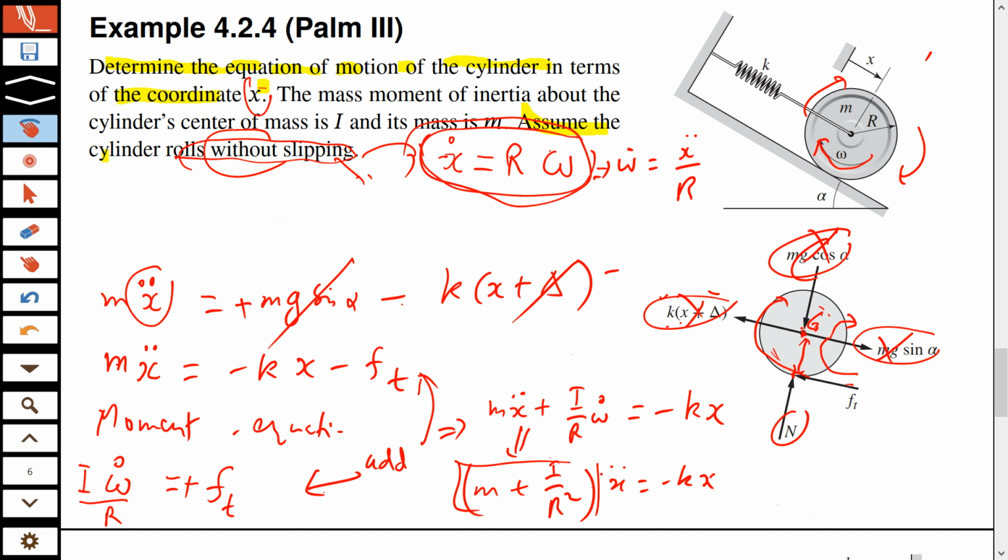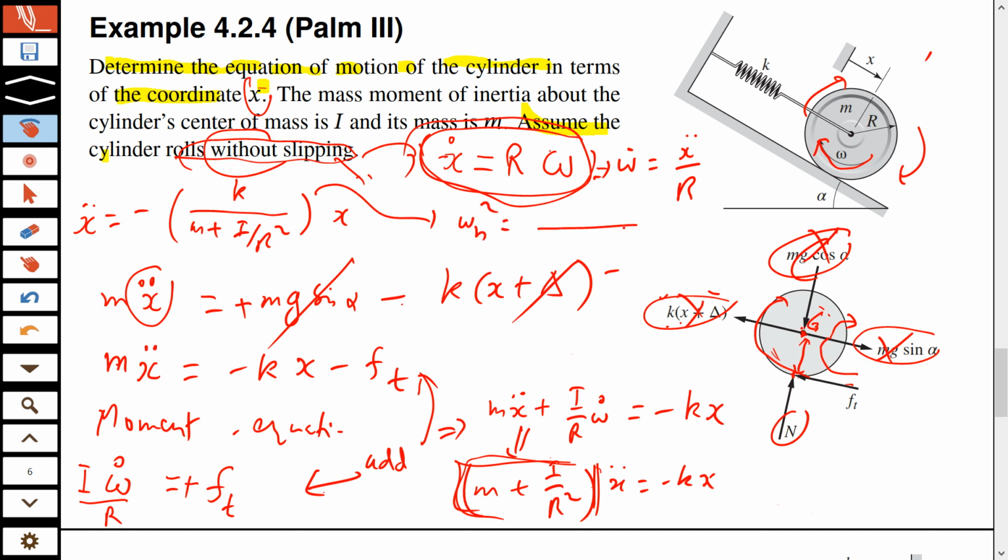So if I divide both sides by this m plus I over r squared, I am left with x double dot equals minus x, and what multiplies x is k in the numerator, and m plus I over r squared in the denominator, and this is my omega n squared, okay?